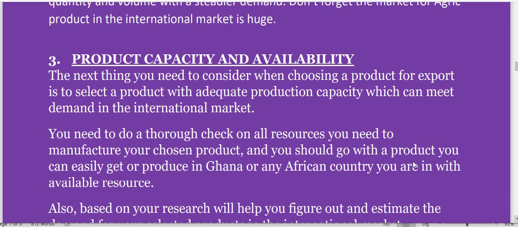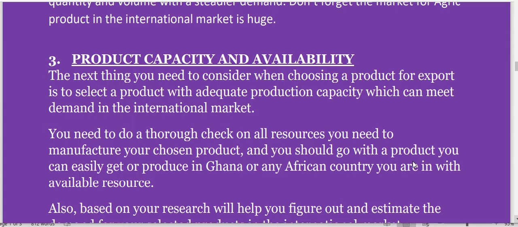Now, the third is product capacity and availability. The next thing you need to consider when choosing a product for export is to select a product with adequate production capacity, which can meet demands in the international market.